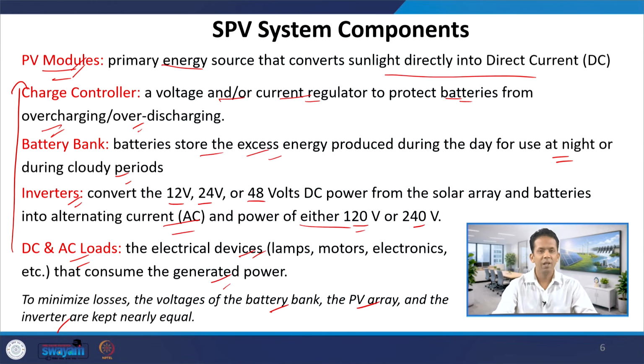We can have different voltages for the equipments, but then it will add more electronics such as step down or step up converters or transformers, which will add to the cost of the system. To minimize cost and losses, it is preferred that all of these components operate at the same voltage.